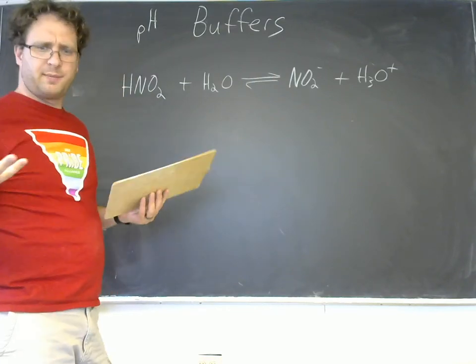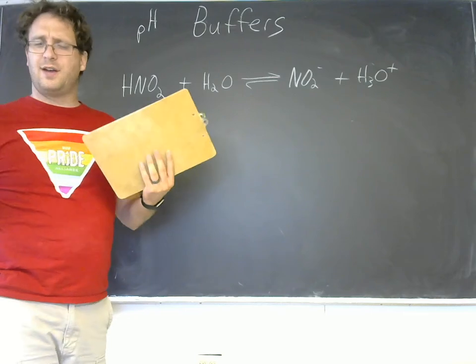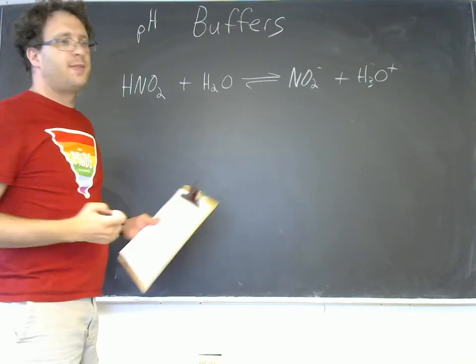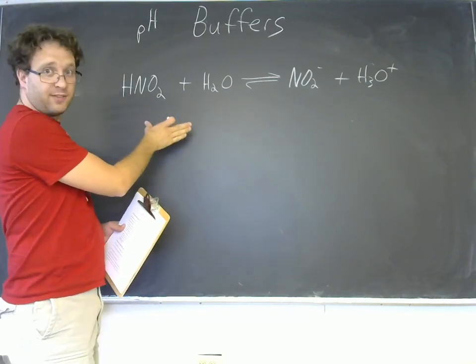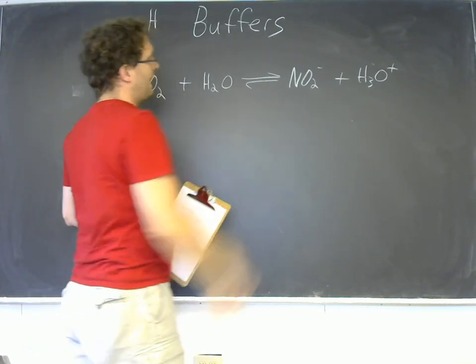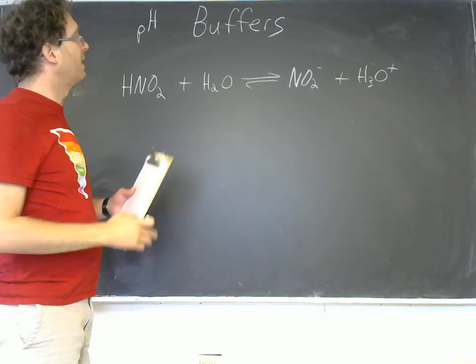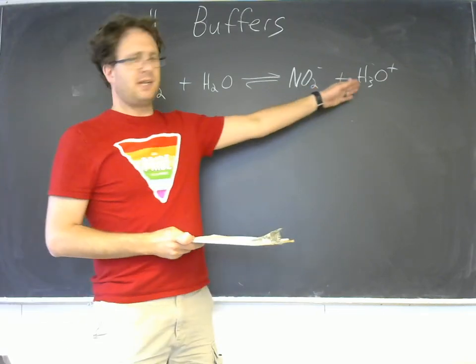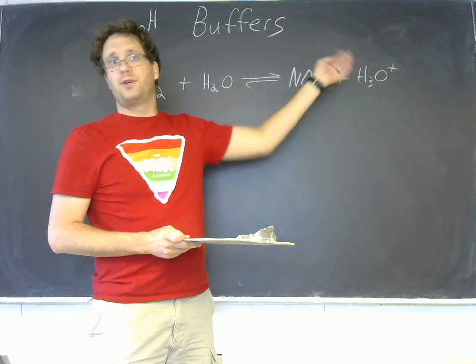If we think about it, if we add nitrous acid to water, then it will begin at a pH of 7, it will begin neutral, and then as this reaction proceeds to the right, it's going to change the pH by producing some H3O plus.